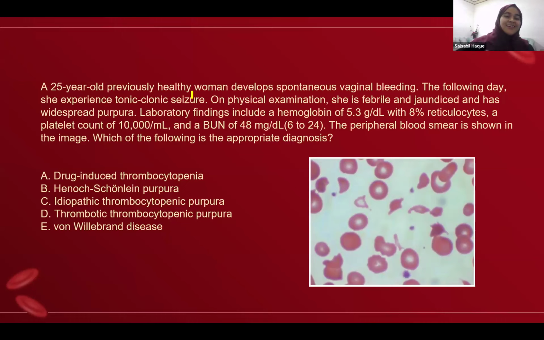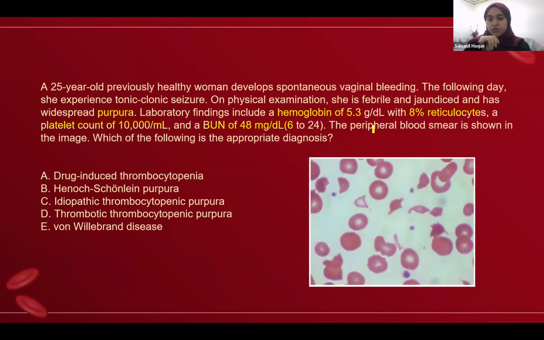Good job, yes. Okay, let's go over the case. So, a 25-year-old healthy woman presents with spontaneous vaginal bleeding, and she experienced a tonic-clonic seizure, and she's febrile, jaundiced, and has widespread purpura. Big hint. Hemoglobin is low, reticulocyte is high, platelet is low, and BUN is high.